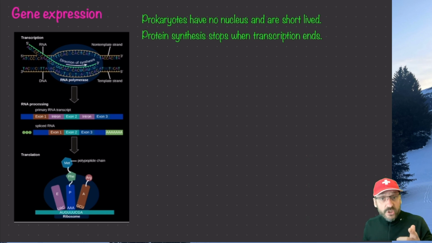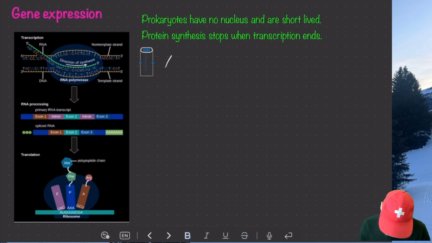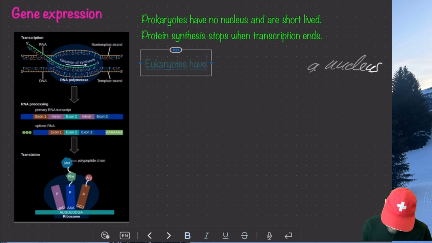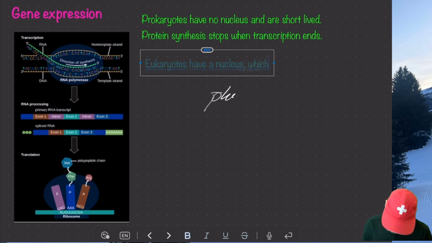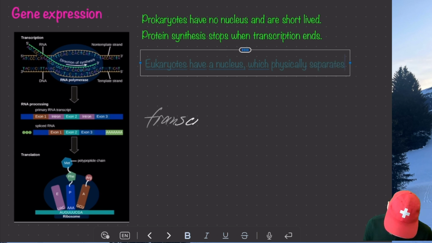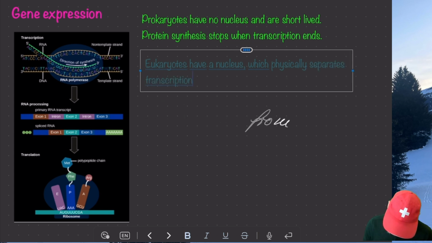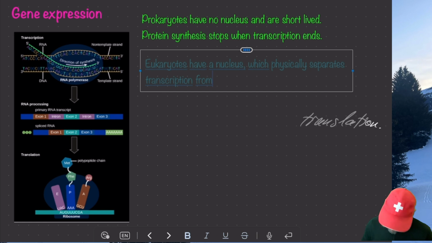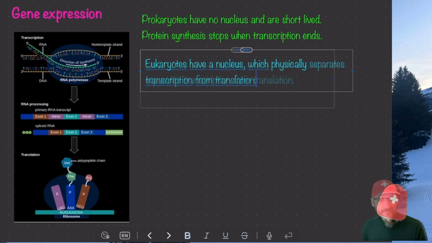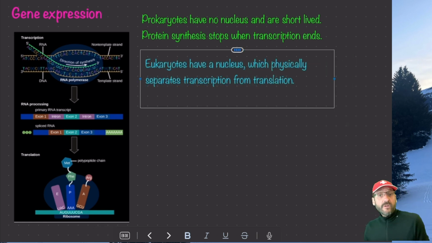Eukaryotes have a nucleus, so physically we can separate transcription from translation. And so that fact lets us control gene expression at many stages.